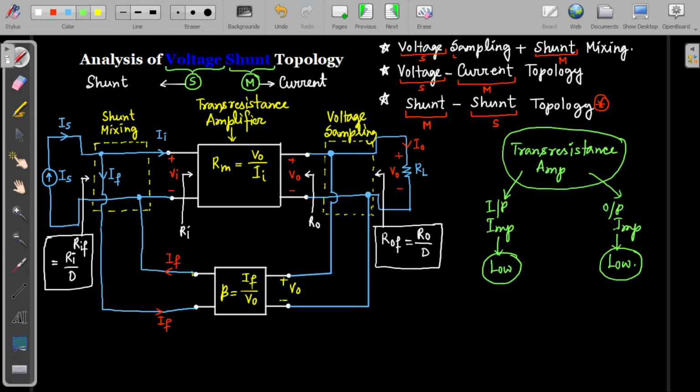This is the reason why the voltage shunt topology has been used. So in this way we can find the different topologies.